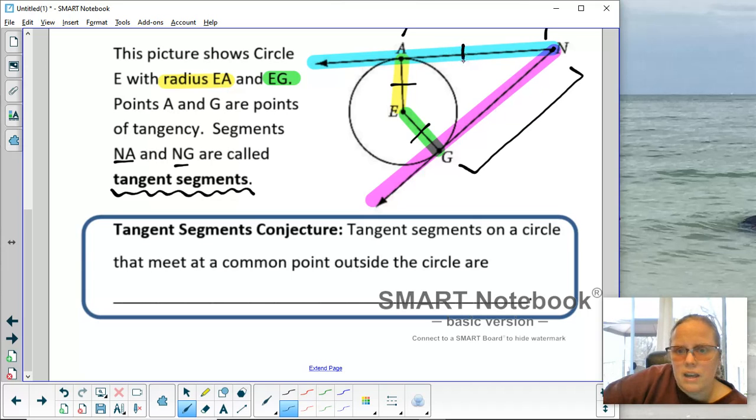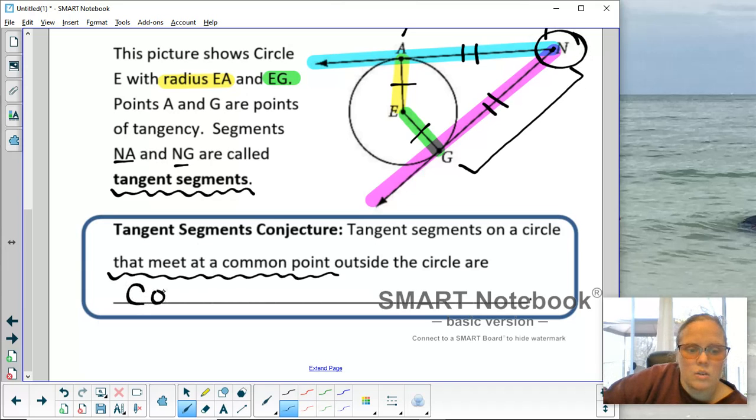When we have a kite, we actually have two pairs of consecutive congruent sides. So not only are the radii the same length, but these tangent segments are the same length. So the tangent segments conjecture says tangent segments on a circle that meet at a common point are congruent in length.